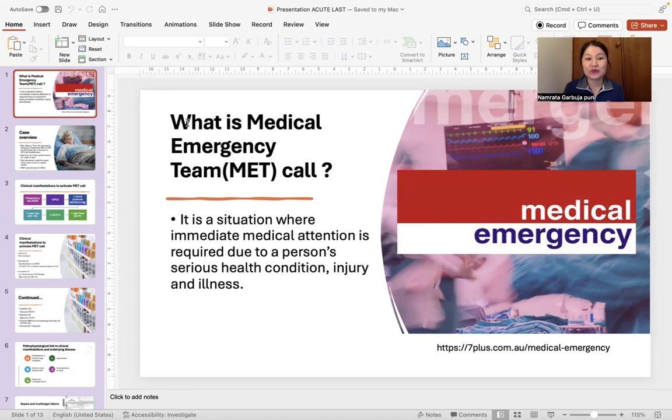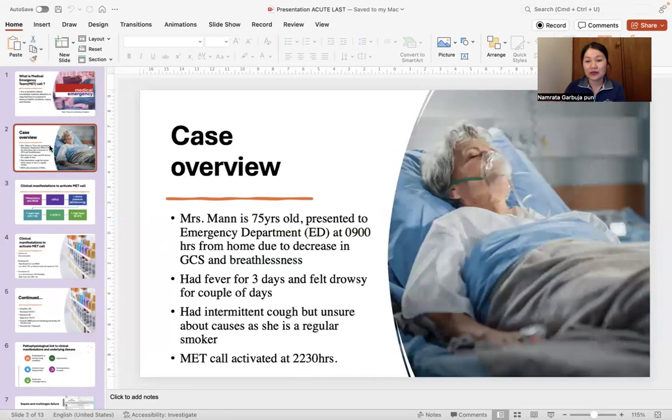It is a situation where immediate medical attention is required due to a person's serious health condition, injury, and illness.